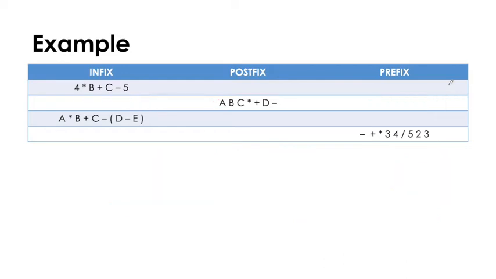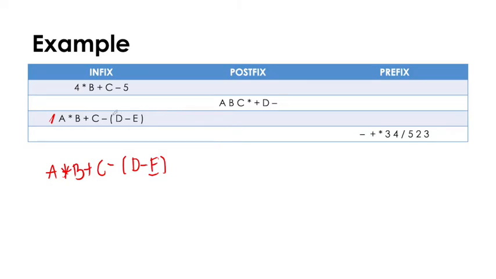And then next, we have this one. Let's solve this one. So again, let's write it down. A times B plus C minus D E. There we go. So now let's proceed to add some parentheses.